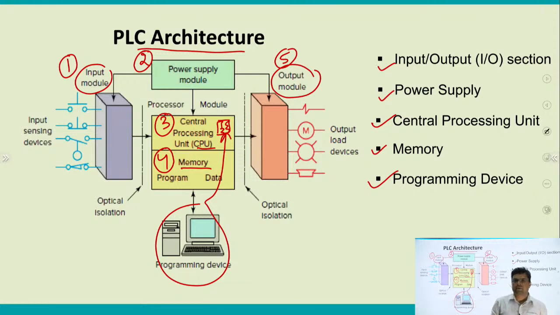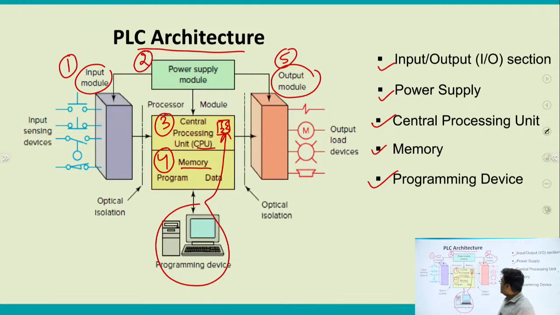It will take only digital input. If there is digital input, there is no harm to the central processing unit. But if there is an analog input, then we need a converter to convert it into digital form and then give it to the CPU system.